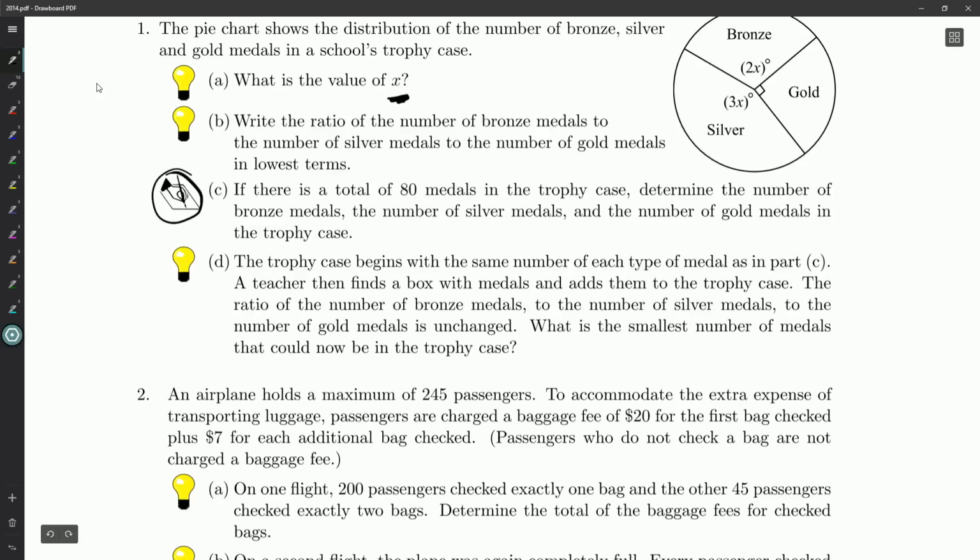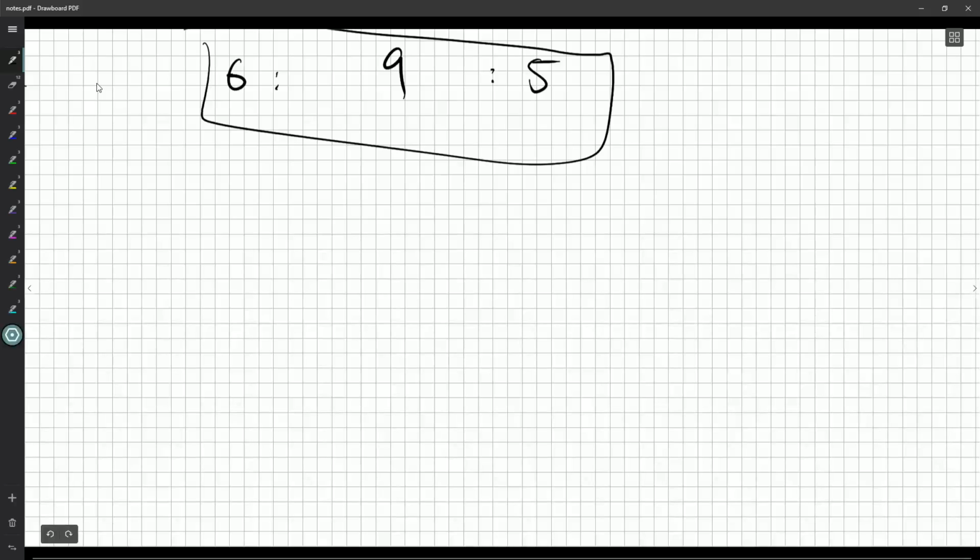Alright, so C. If there are a total of 80 medals in the trophy case, determine the number of bronze, number of silver, and the number of gold medals. Okay. So we know we've got 80 medals. And we might say something like, let B be the number of bronze, S the number of silver, G the number of gold.